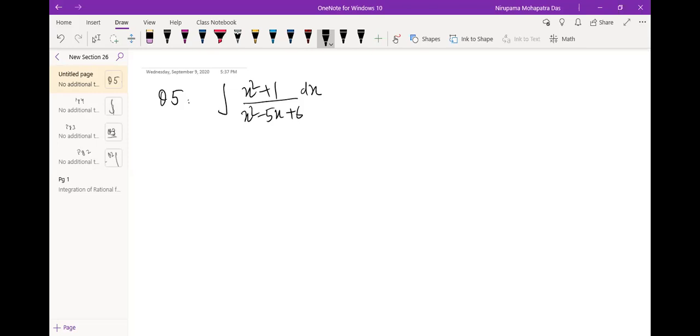So whenever you see such cases, the first step is to divide the numerator by the denominator. So x square minus 5x plus 6 goes in 1 time, and you get 5x minus 1 minus 6, that is minus 5.